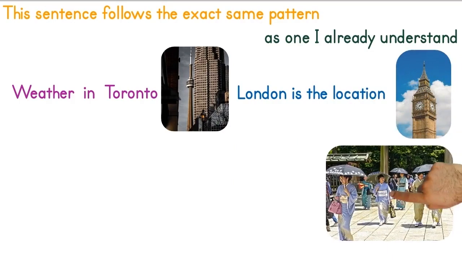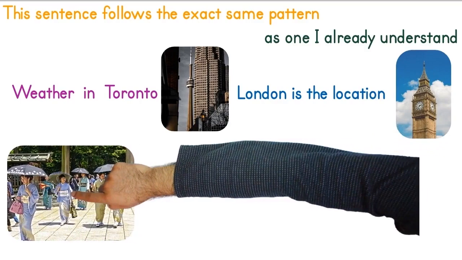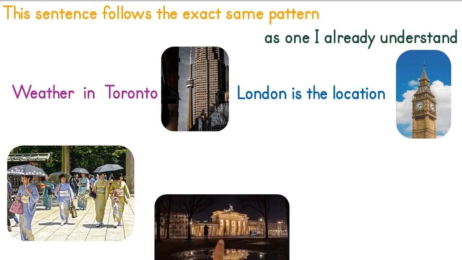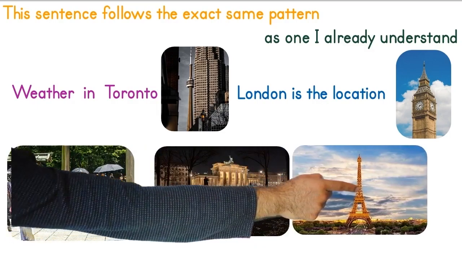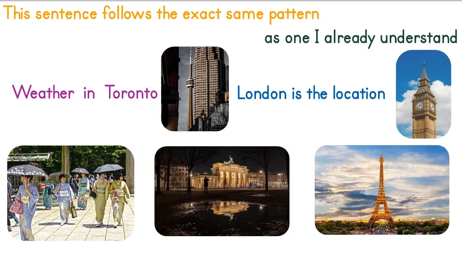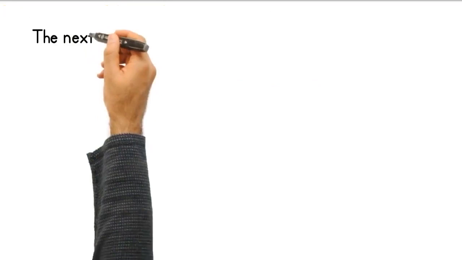And then as we proceed to add more and more and more places, then the system becomes more intelligent and it understands in other variations of the sentence that the word London or Toronto is an actual location in the real world.